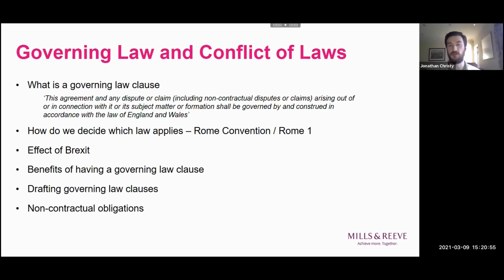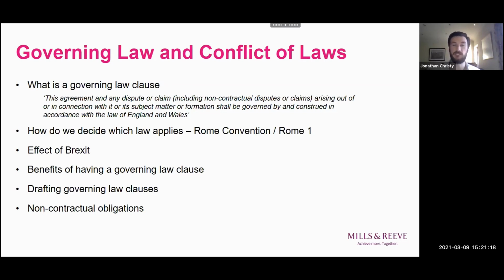So, for example, you could have a harm that has happened in France, let's say, but a contract that has not specified non-contractual obligations in the governing law clause, and then you have a situation where two different types of law can be applied to what is likely to be the same dispute.